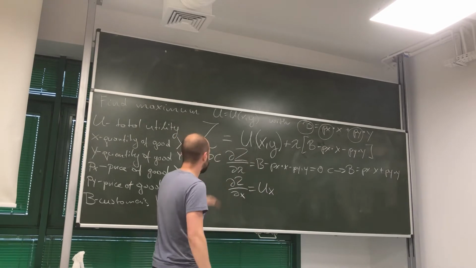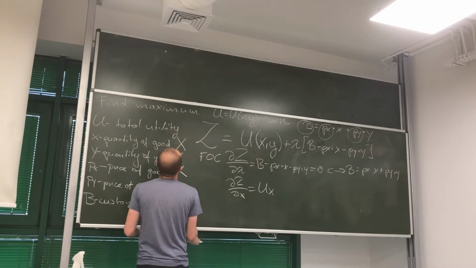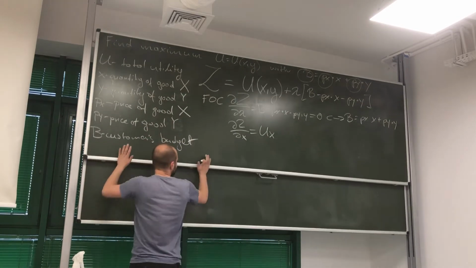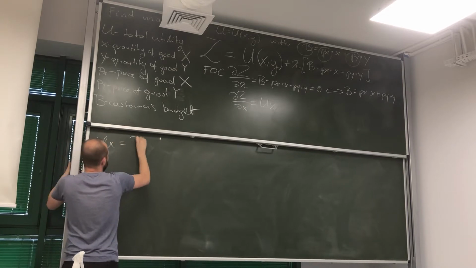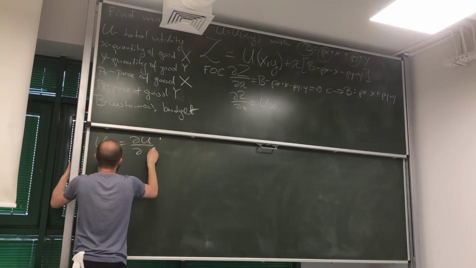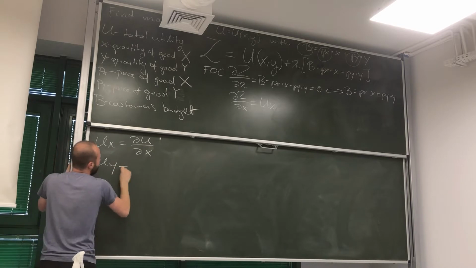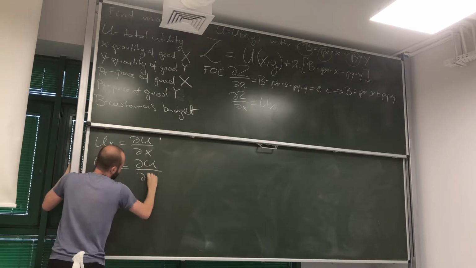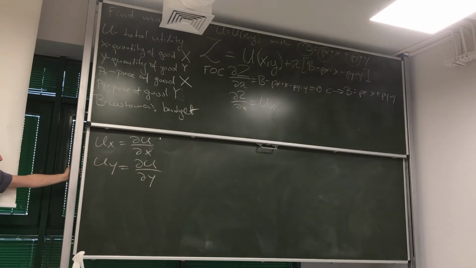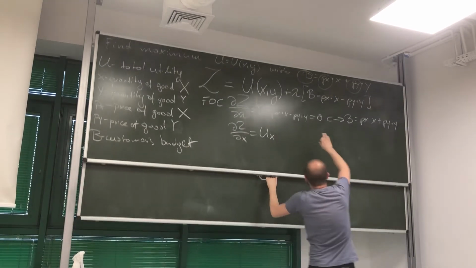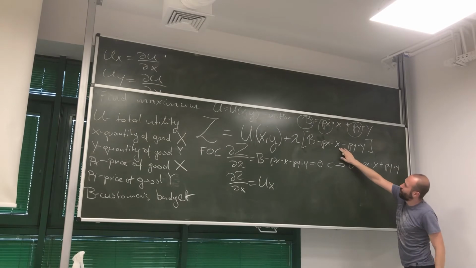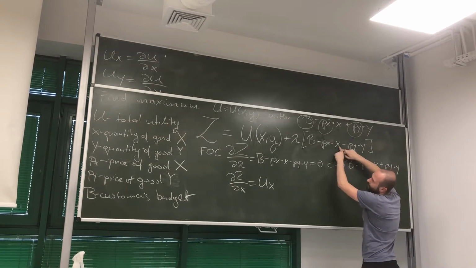Ux is simply partial derivative. Let's say that this is going to be our shorthand for partial derivative of u with respect to x, and similarly uy is going to be partial derivative of u with respect to y. So we got ux here, and look, x appears only over here, right?